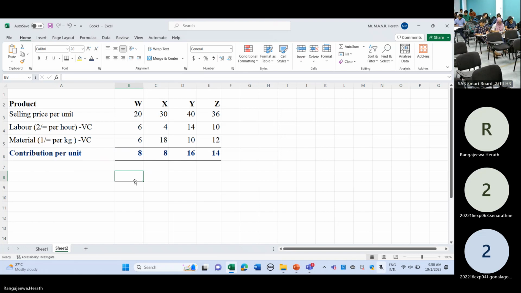So if no restriction of output, no limiting factors given, then you can take contribution per unit.